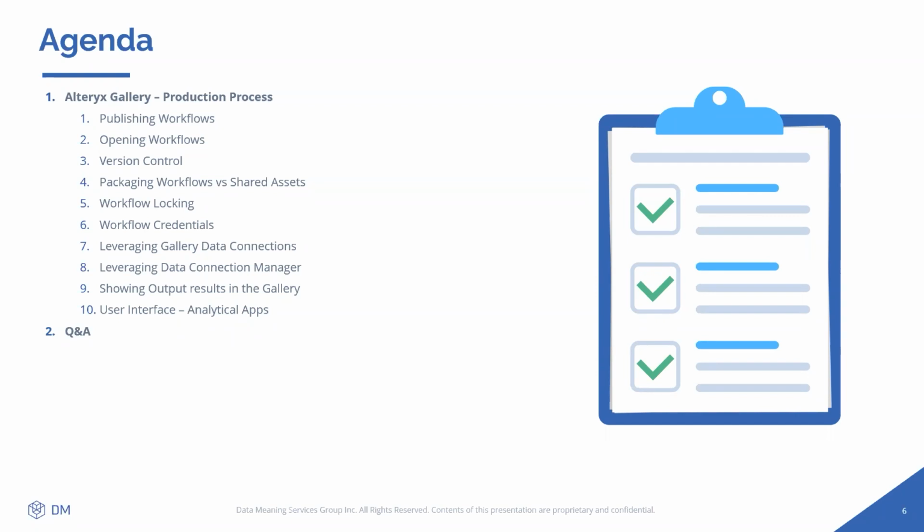So version control, packaging workflows with shared assets, workflow locking, credentials, how to leverage the two options of data connections that we currently have in our server, as well as showing the outputs and also providing a user interface for our end users, right? Maybe you know this already, it's something that we call analytical apps, right?